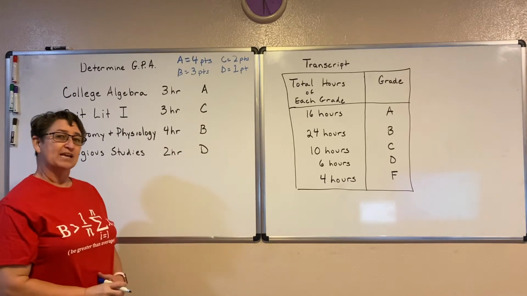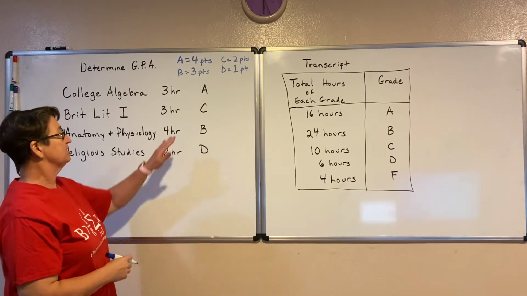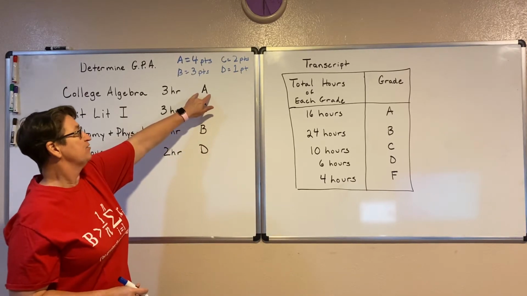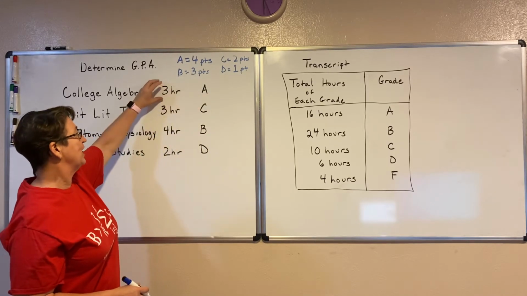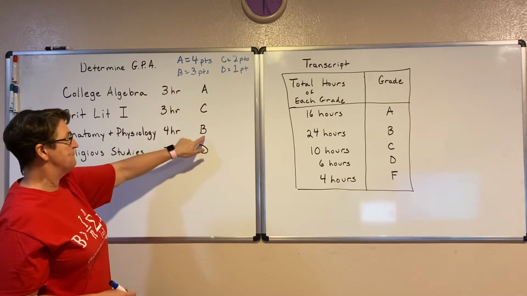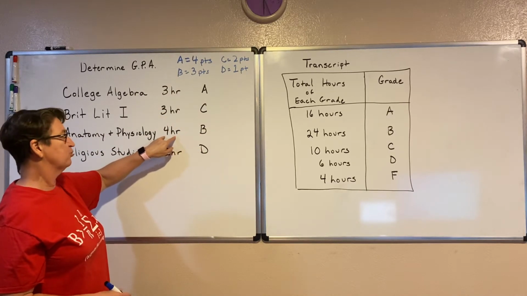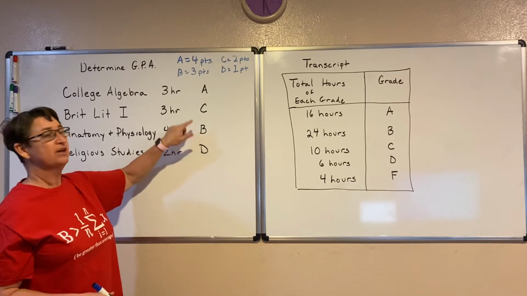And it's weighted based upon the number of hours that you are taking. So for instance, in this case, this A, because it's a 3-hour class, it's weighted less than this B here that is a 4-hour class. This one holds more weight than this one does.